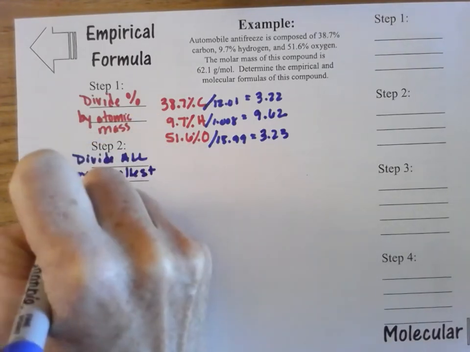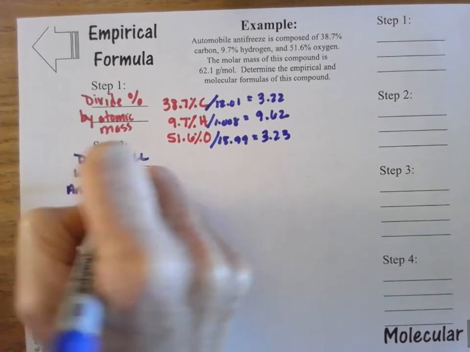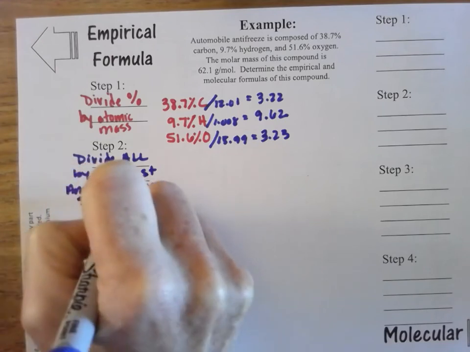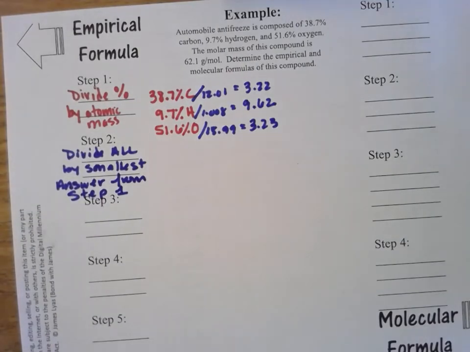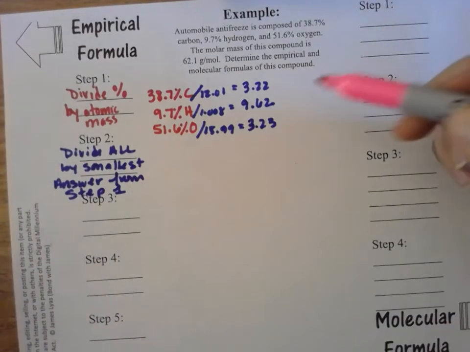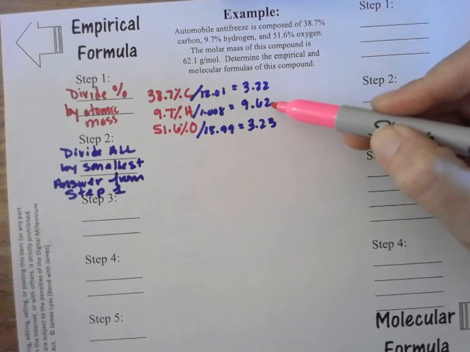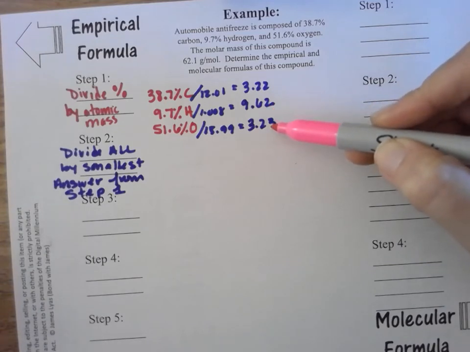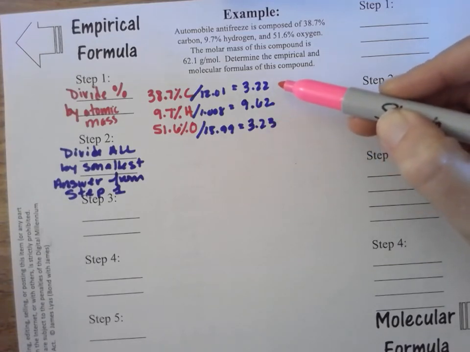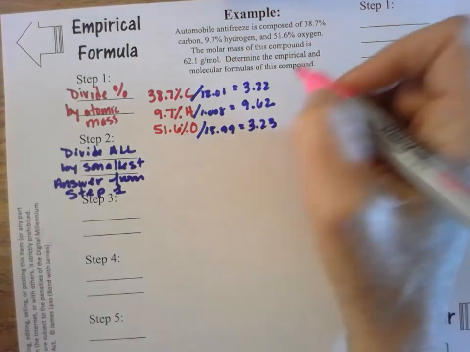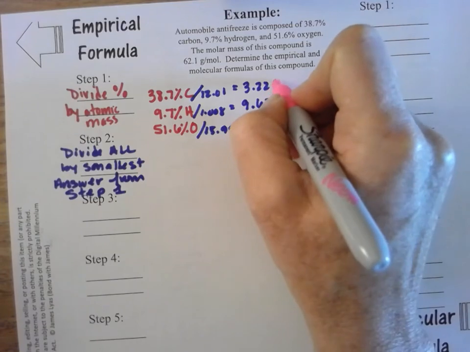We have 3.22, we have 9.62, and 3.23. Well, 3.23 and 3.22 really are the same number. So this one's the smallest, so I'm going to divide everything by it.